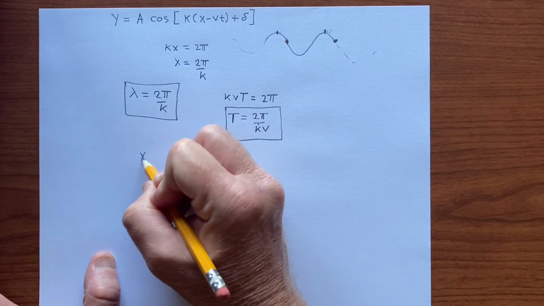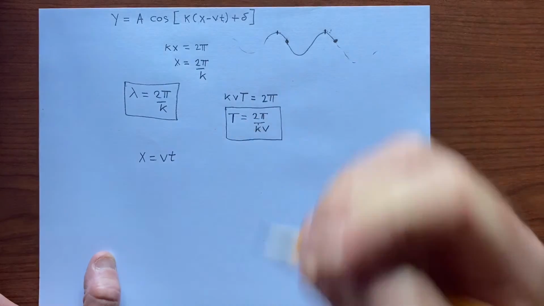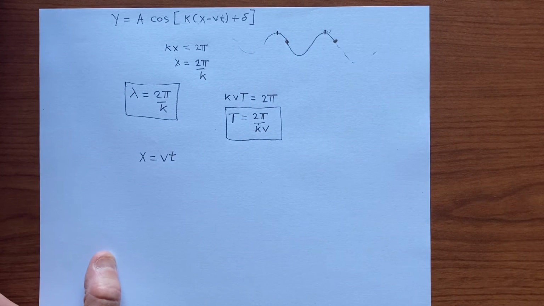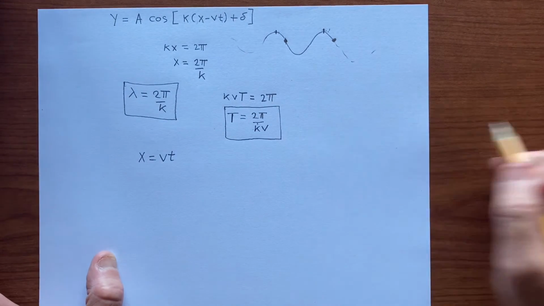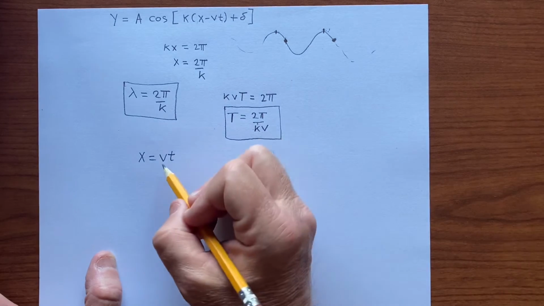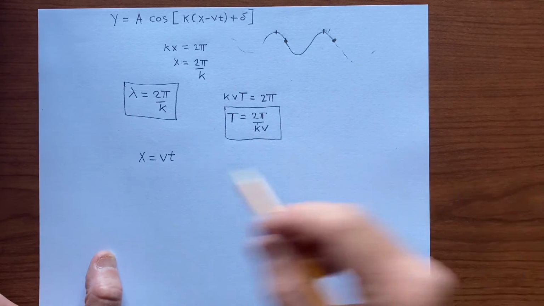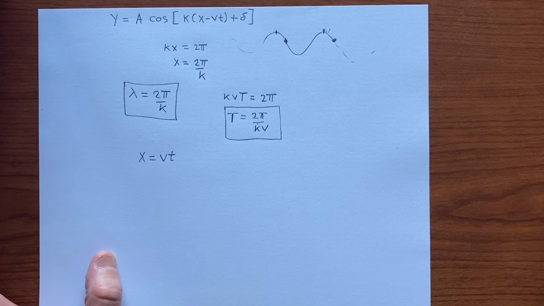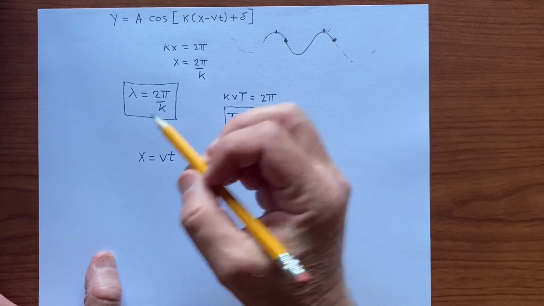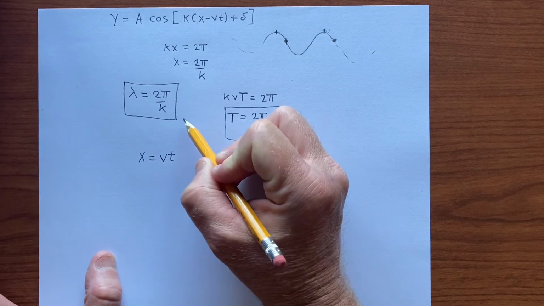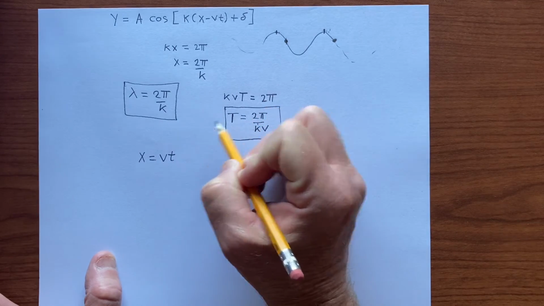So in other words, x equals vt, which is the same thing as saying x minus vt equals 0. This represents the position of the wave, if you will.